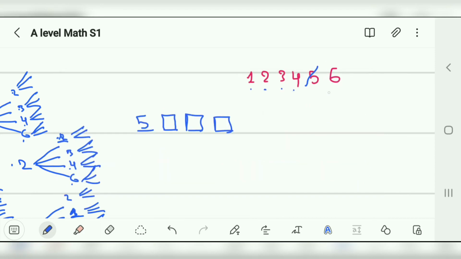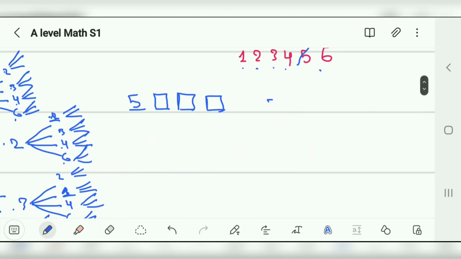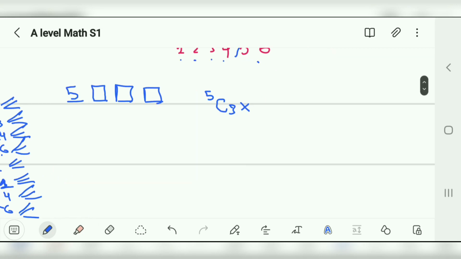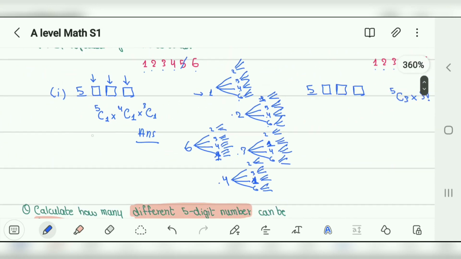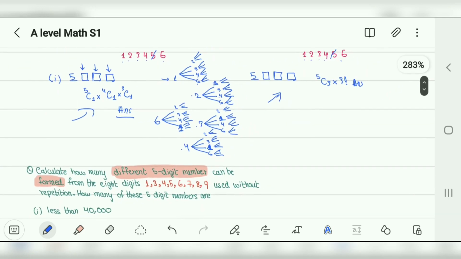We need three numbers from the remaining five numbers, so I'll just do 5C3. End of story. I have made a selection of any three numbers out of five numbers, and then I'm going to make an arrangement of these three numbers once I have selected them, so multiply by 3 factorial. This is the answer, and this is also the answer. You can do it either way, depending on the complexity of the question. So this was part 1.